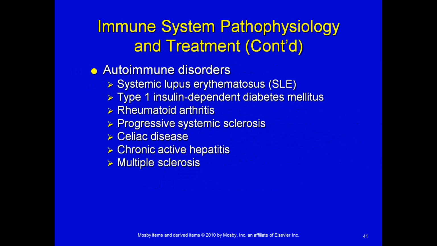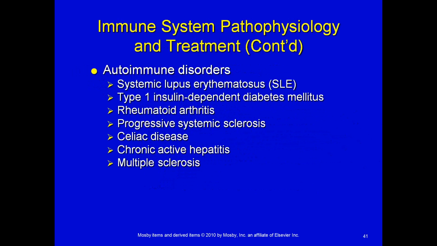The autoimmune disorders occur, they're not really sure why, but what they mean by an autoimmune disorder is your body attacks itself. A good example of that would be diabetes.